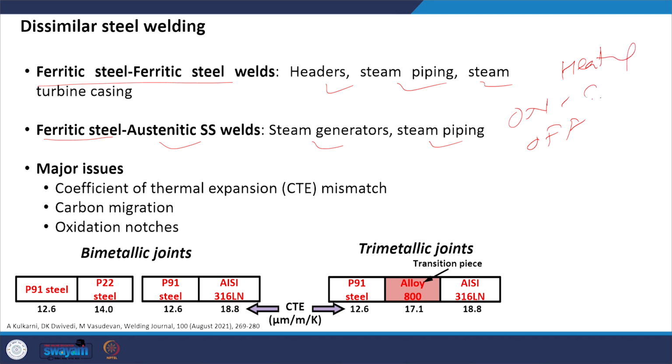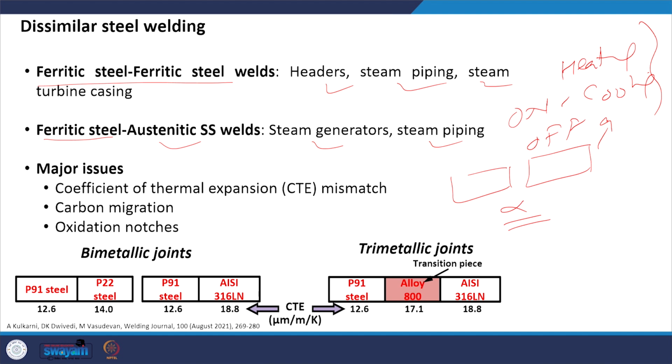If the connected components have a difference in thermal expansion coefficient, they will cause residual stresses and eventually thermal fatigue, which leads to cracking and fracture.